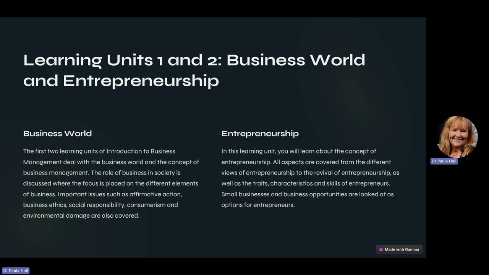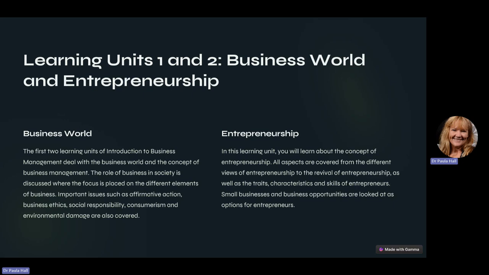And then learning unit 2, which is chapter 2, is all about entrepreneurship. So we change tack quite frequently in these first 5 learning units, and that, as you can see, entrepreneurship is now going into some specific area, and it's actually written by a different author. Each chapter in this textbook has different sources of expertise therefore.